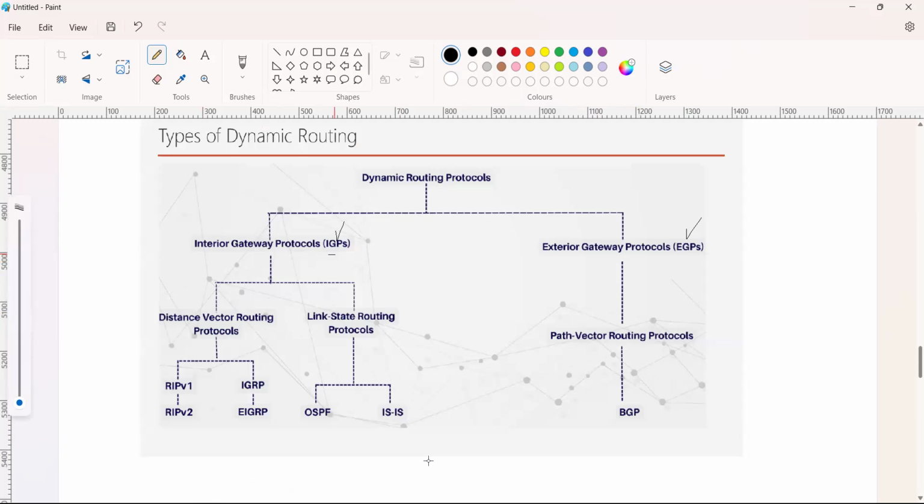In IGP we have OSPF, RIP, EIGRP, and IS-IS. But for exterior protocols there is only one, the BGP protocol. At the WAN location we'll use EGP, at the LAN location we'll use IGP, in simple words.